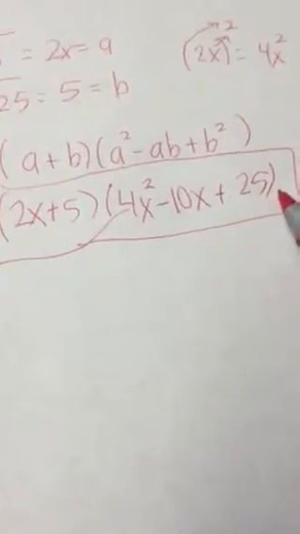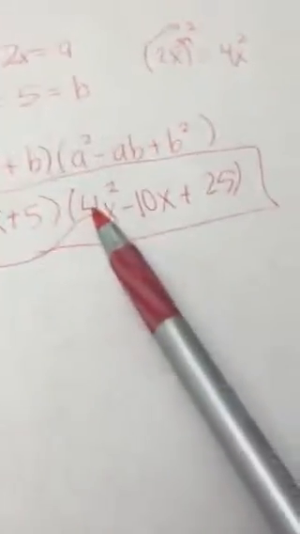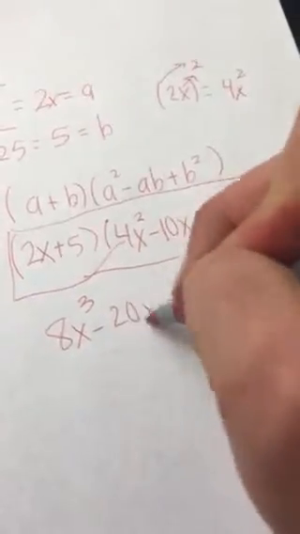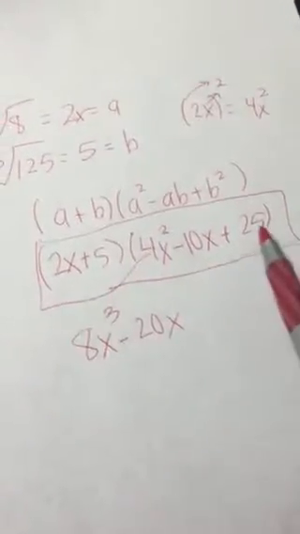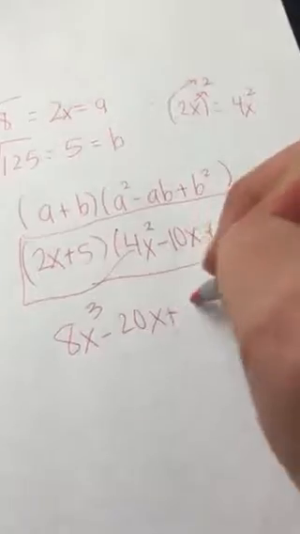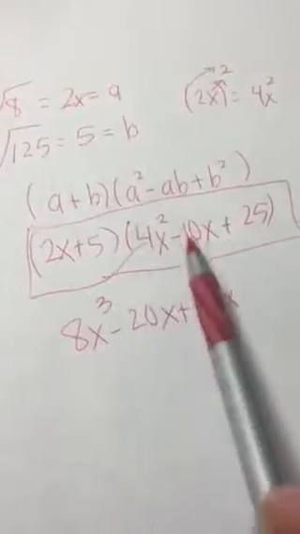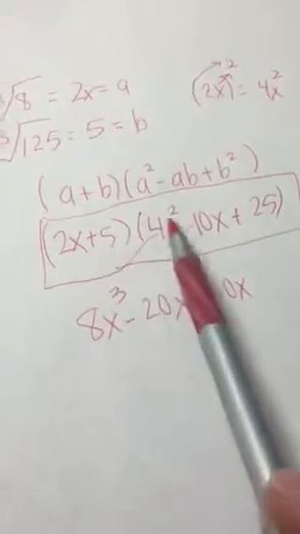Remember, you can check your work if you want by going 2 times 4, which is 8x cubed, 2 times negative 10, which is negative 20x, 2 times 25, which is 50x. So to recall, I just multiplied the 2 by each of those terms. Now I need to multiply the 5 by each of those.